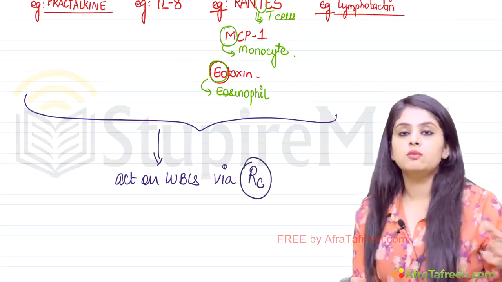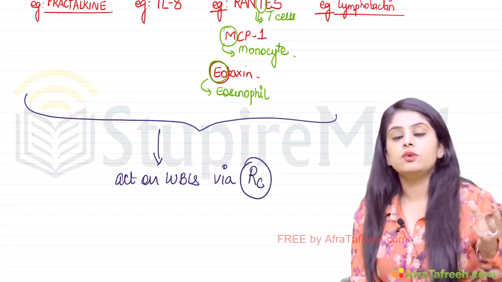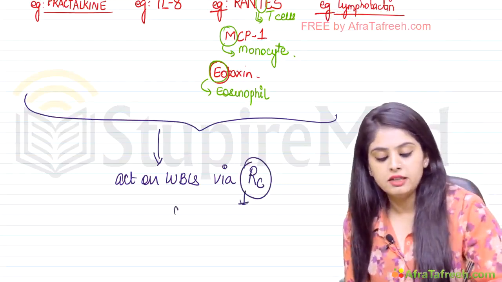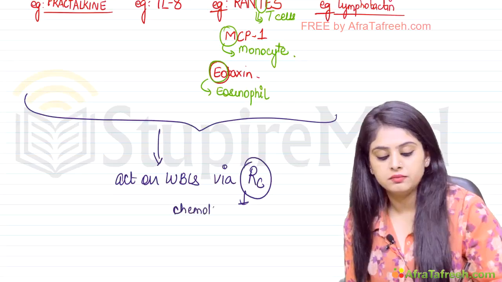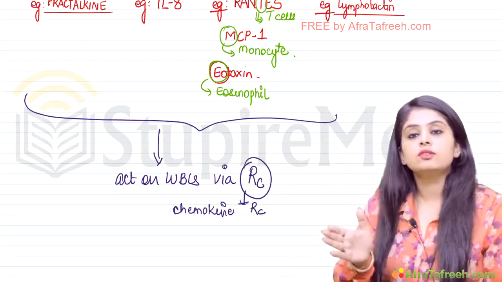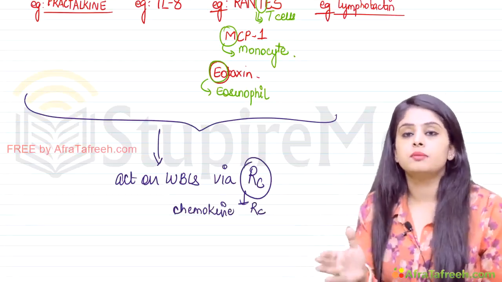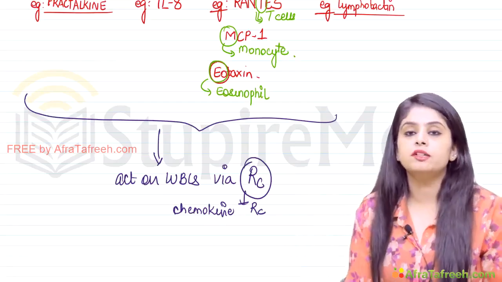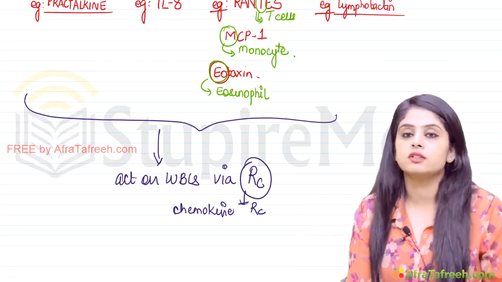So there is some chemokine that is circulating that is going to act on the WBC on receptors known as the chemokine receptor. And when it acts on the chemokine receptor, it will cause the movement or attraction of that particular WBC towards the source of infection.